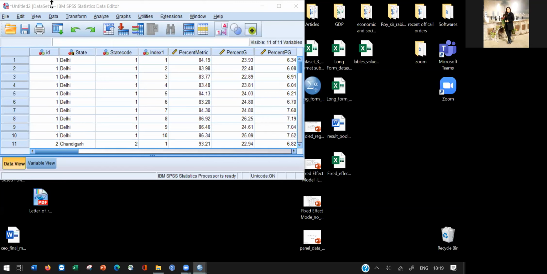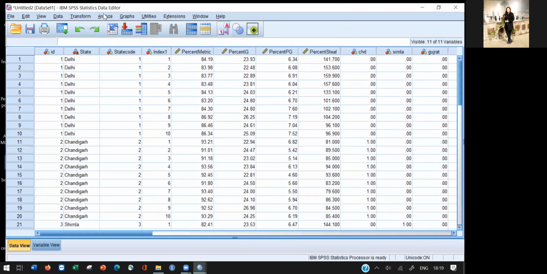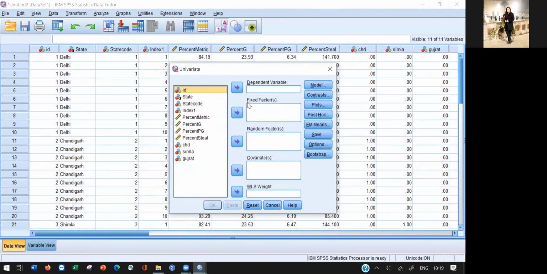Now, how do I do that? I go to Analyze, I go to GLM, general linear model, univariate. Now over here, I'll have to see what my dependent variable is, percentage steel. What are my fixed factors? State and state code.